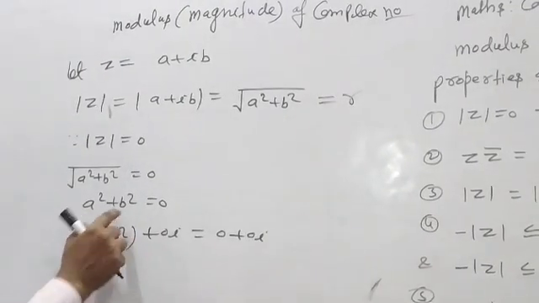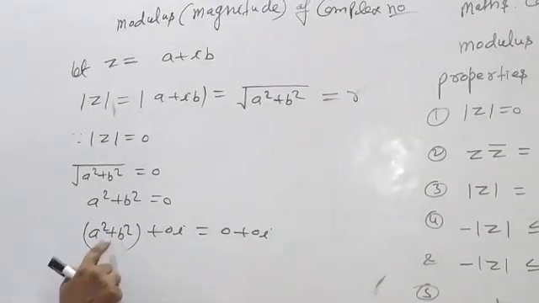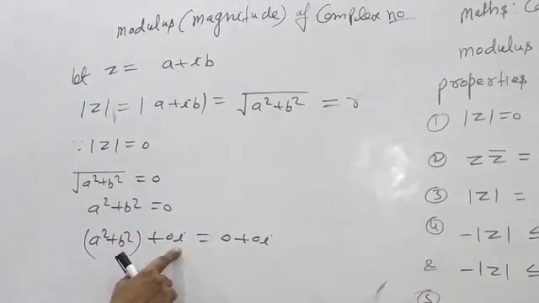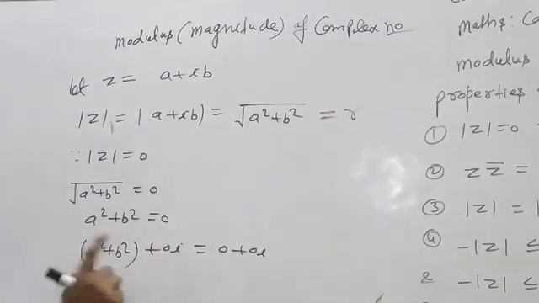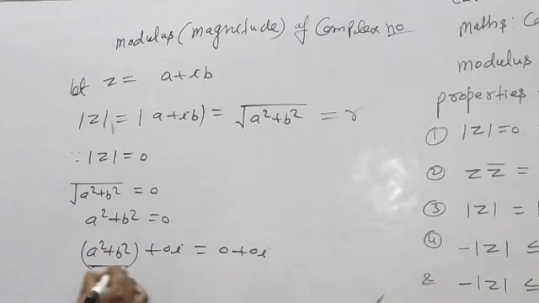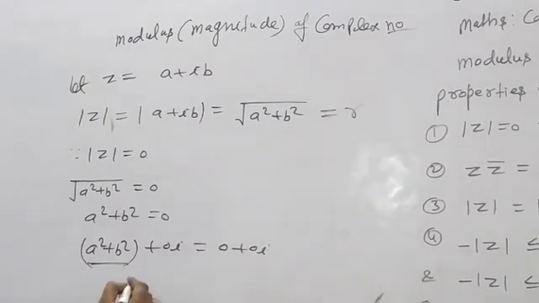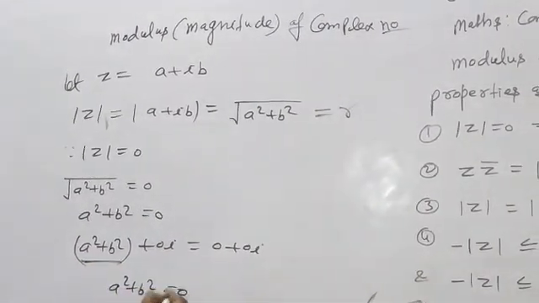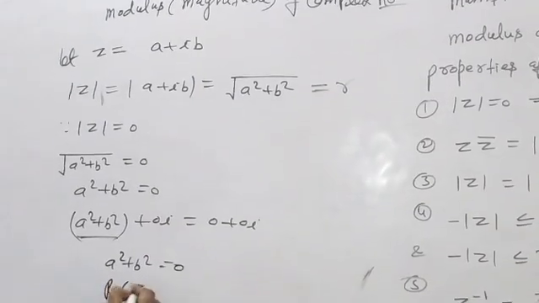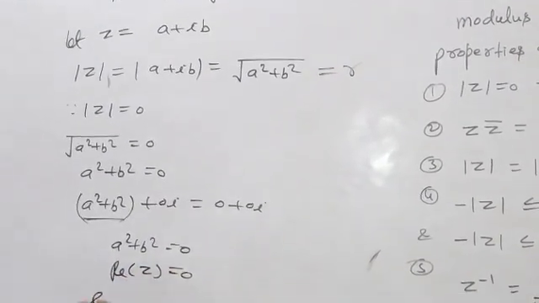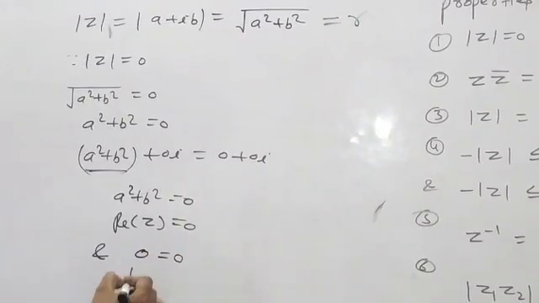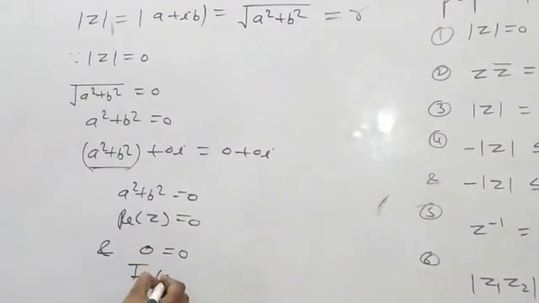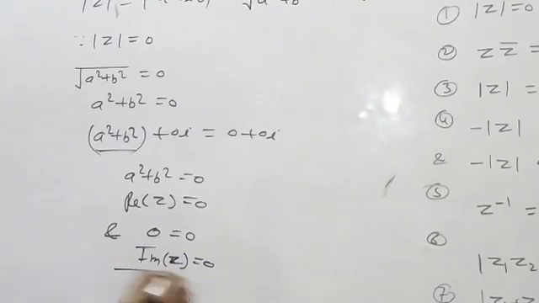This value I am going to write in the complex form, that is a plus ib is equal to 0, that is 0 plus ib. Now compare the real part: a square plus b square is 0, that is real part of z is equal to 0, and here 0 is equal to 0, which means the imaginary part of z is also 0. Clear?